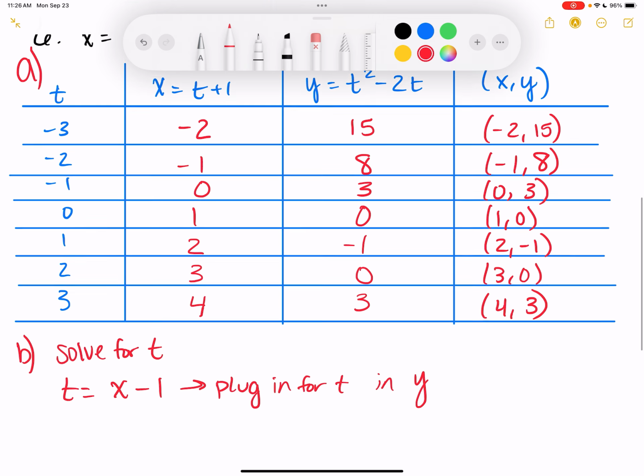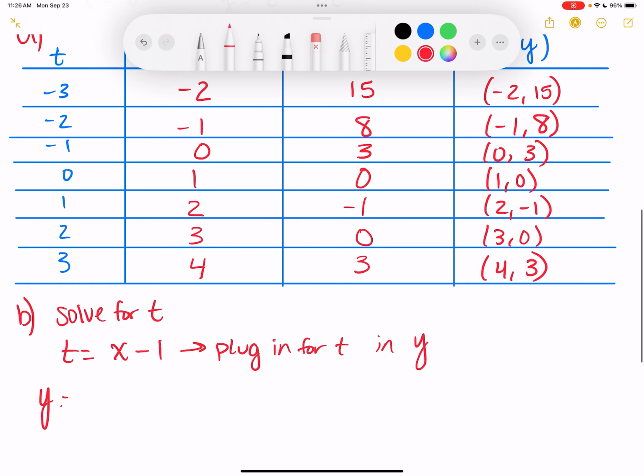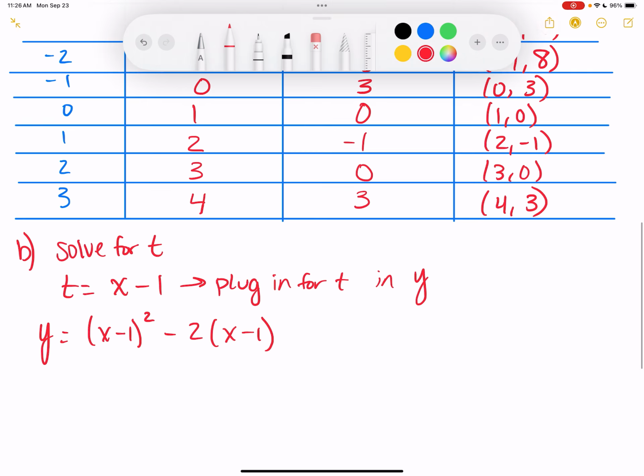So y equals x minus 1 squared minus 2 times x minus 1. And then I just need to FOIL and distribute.